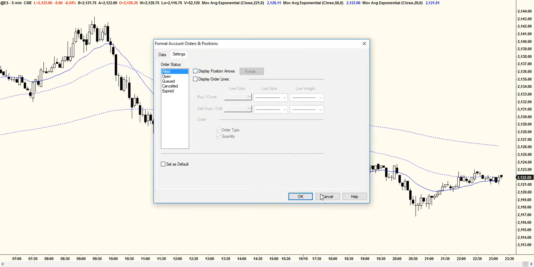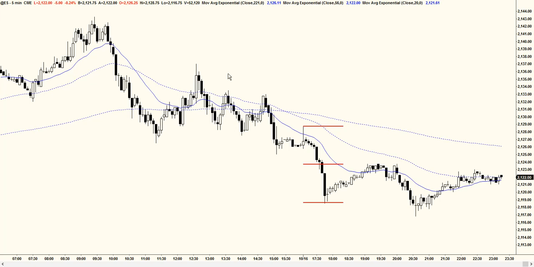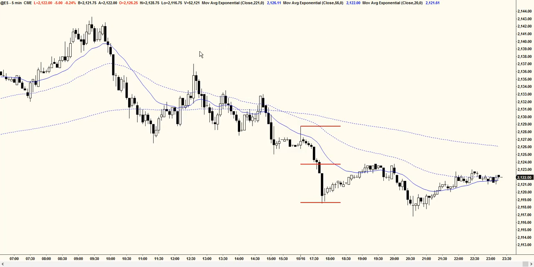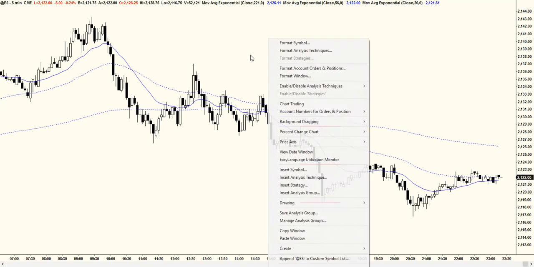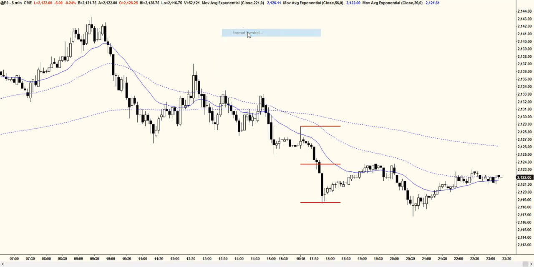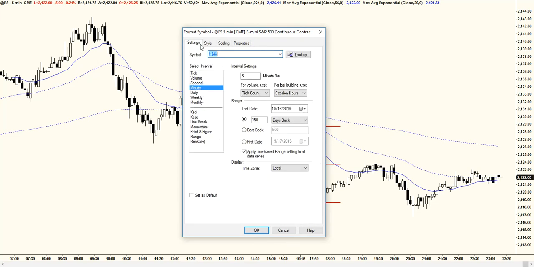So I wanted to give an example of an example of scaling in, and I never normally do this, but on this example I will.